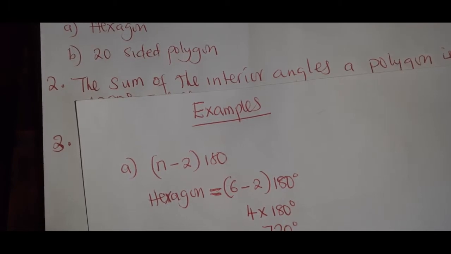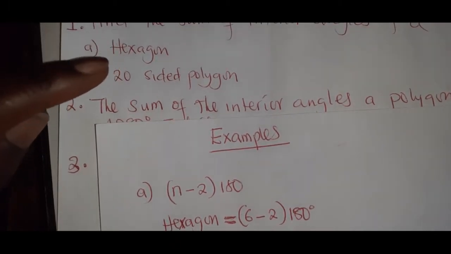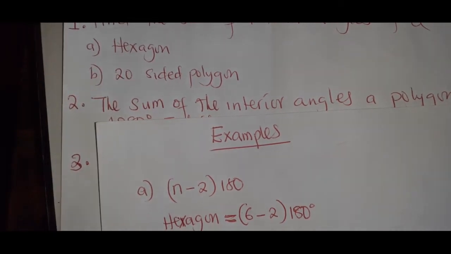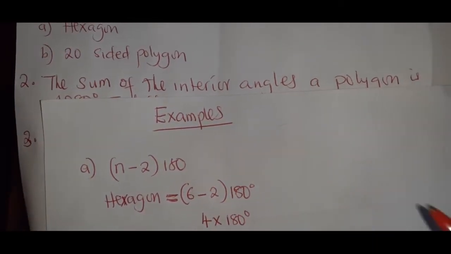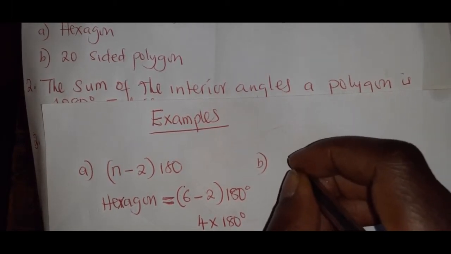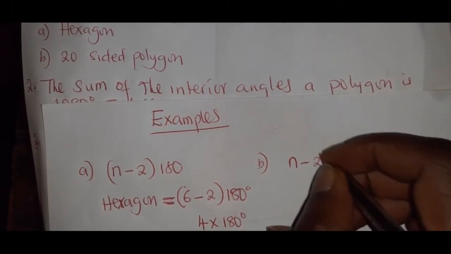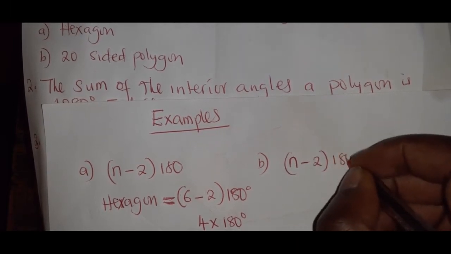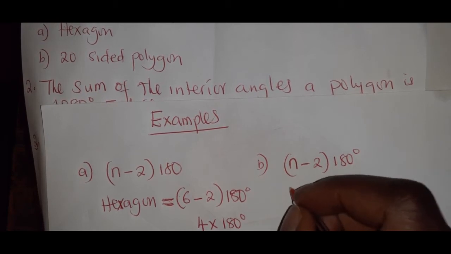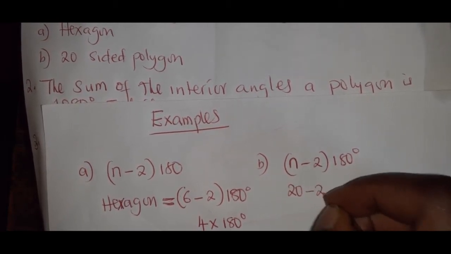Then the second one is find the sum of the interior angles of a 20-sided polygon. So we are still going to say it's n minus 2 multiplied by 180 degrees. The number of sides is 20, so 20 minus 2.